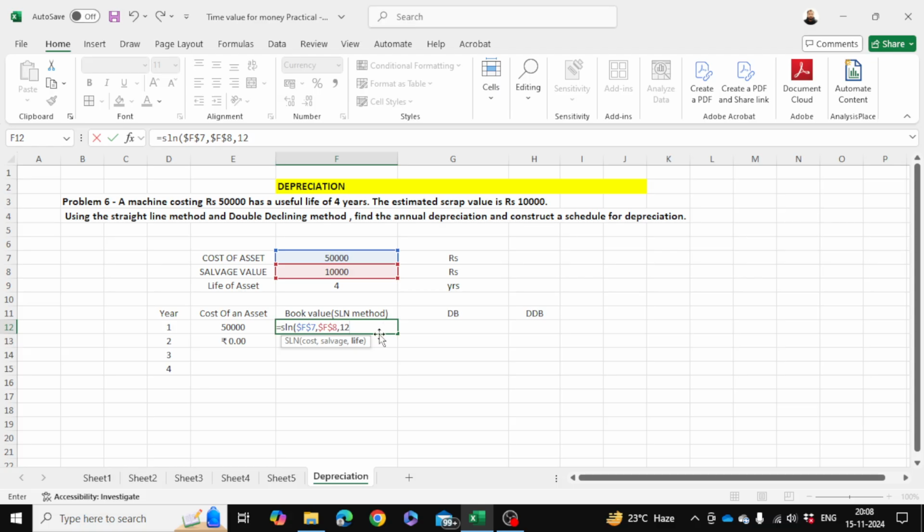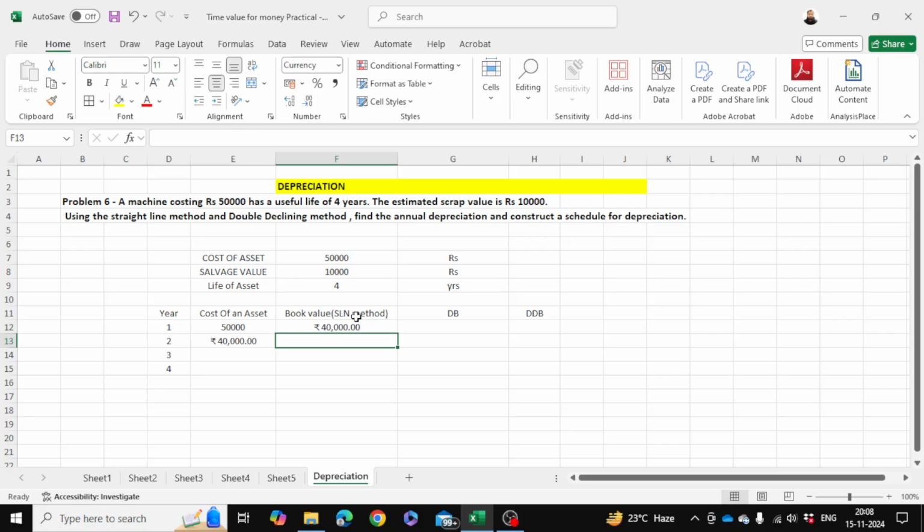So you can take every 1 year, right? You have to calculate the life of an asset, right? So this is the value 40,000, and next year it will become 40,000. You copy it here, right? If 0 is coming, then it's okay.